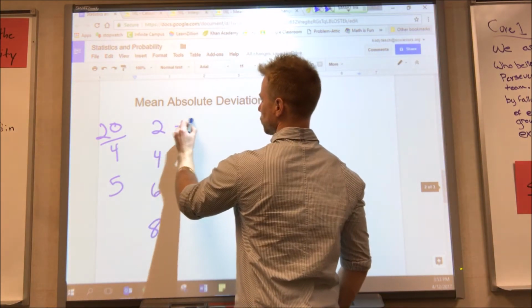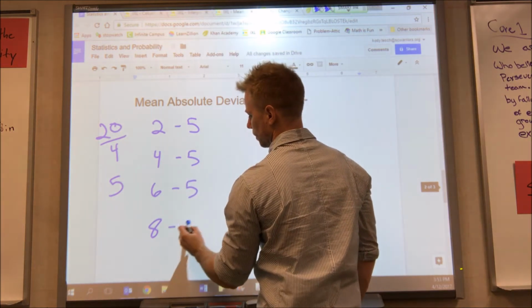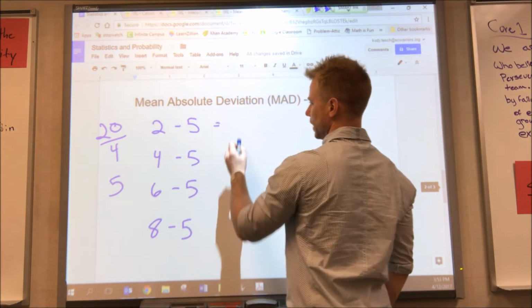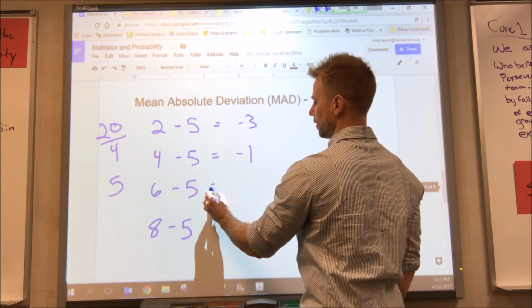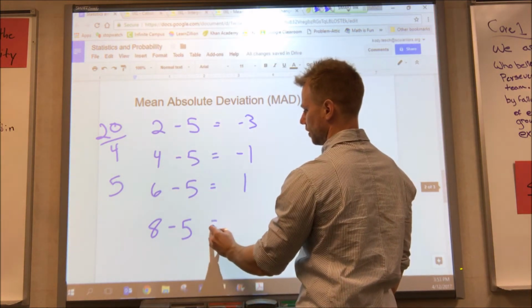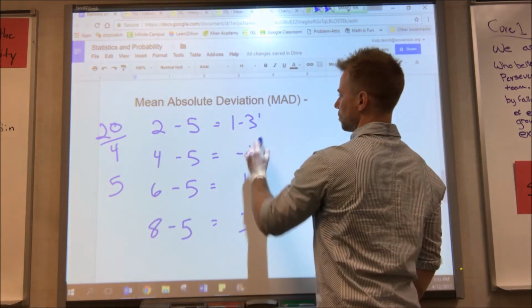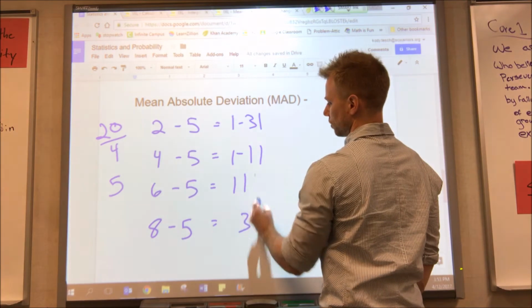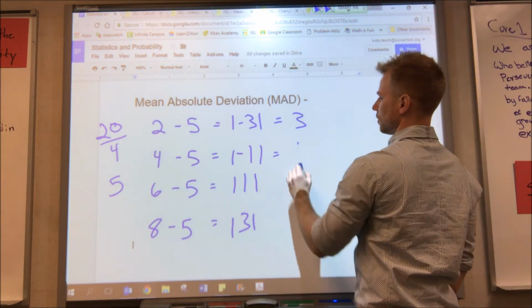So we're going to subtract our average from each number. We get -3 here, -1 here, +1 here, and 3 here. We need to do the absolute value of all of those because we only want the positive numbers.